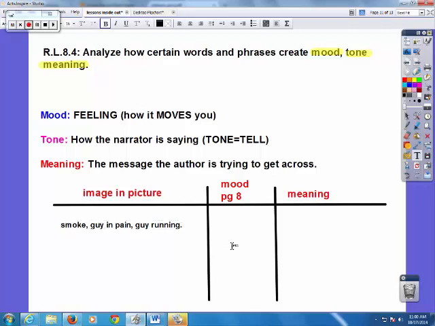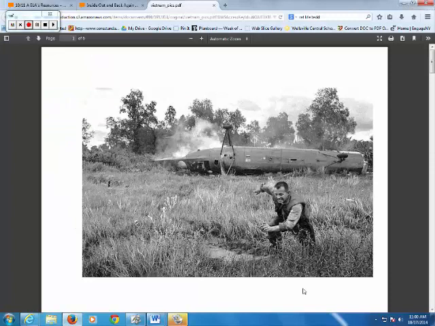Okay, so what mood or what feeling do you get while looking at that picture? You're going to turn to page 8 in your Inside Out and Back Again packet, and there's a ton of words that would describe mood, and it cuts it up between positive or negative. So based on those images that you see, what is the mood of this picture?